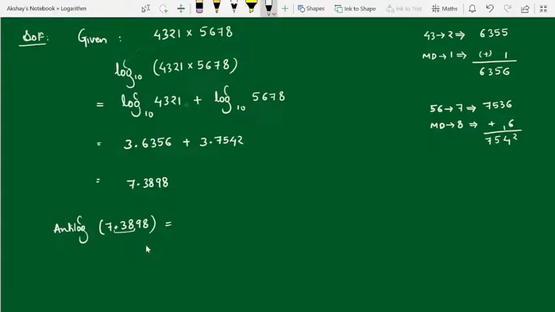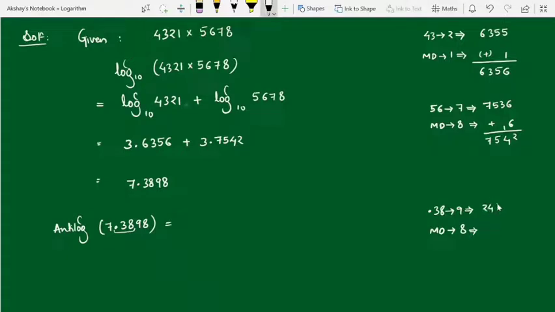Under 0.38 you have to go till the ninth column, because the next digit here is 9, and for the mean difference value, you have to see 8. So under 0.38, under 9, how much can you see over there? Can you just tell me? Yes, very good. 2, 4, 4, 9.